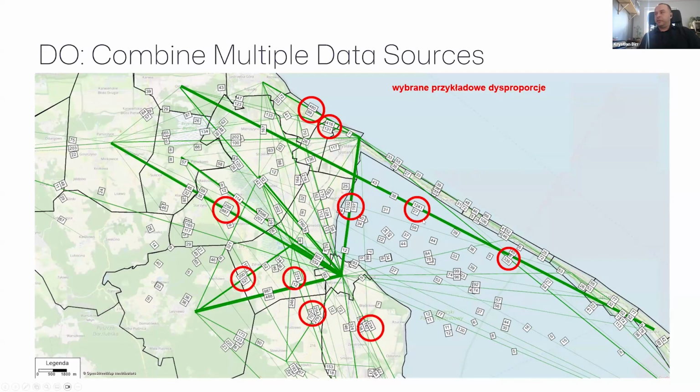For example, you can see the disproportion in the number of trips from one direction to the opposite direction, but this data is for the whole day, so it's totally illogical that people start their trips in the morning here and finish maybe here, and they leave for the night. That's a big disproportion. Of course, it's an error. It's not possible.